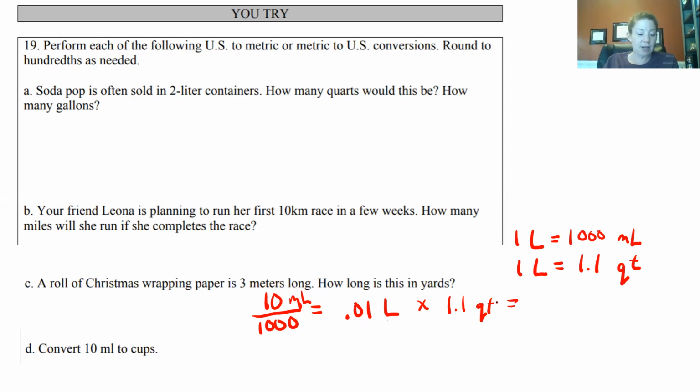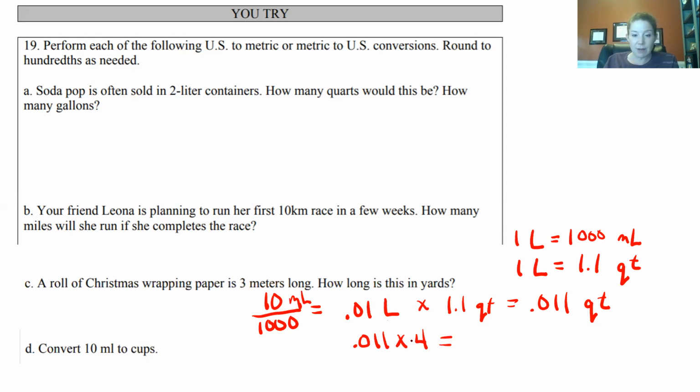I did that on my calculator, and that tells me that 0.01 liters is equal to 0.011 quarts. Now I can turn quarts into cups because there are 4 cups per quart. However many quarts I have, to find out how many cups that is, I just multiply by 4. So I have 0.011 quarts times 4 cups per quart.